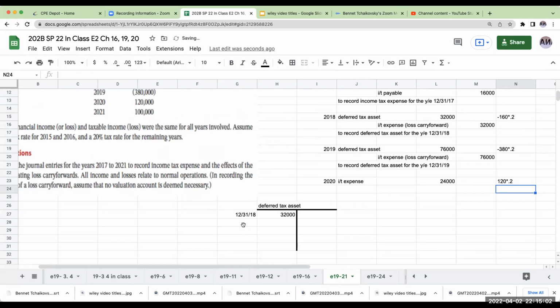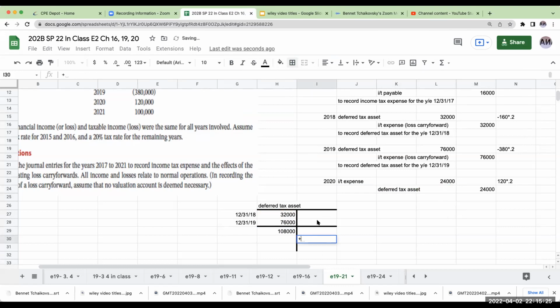At 12/31/19, I added another 76,000 over here. So my deferred tax asset as of right now is going to be 108,000. So I've got a debit to income tax expense, and I'm going to be crediting my deferred tax asset because I'm utilizing that loss.